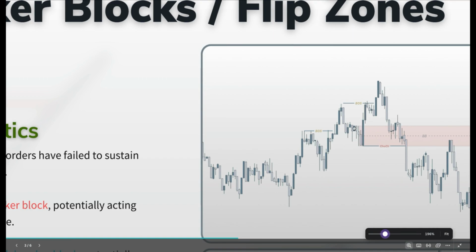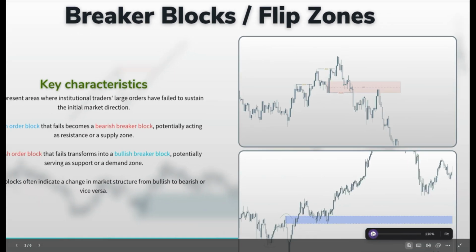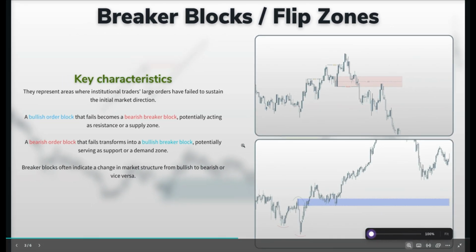That would be considered more of a unicorn model. If not, I think it would be best that the gap would be somewhere around here, or even here. Like you can see, this sort of overlaps, right? This fair value gap sort of overlaps it, and it just makes it a more higher probability breaker block. That's all, guys. All right, so let's move on.